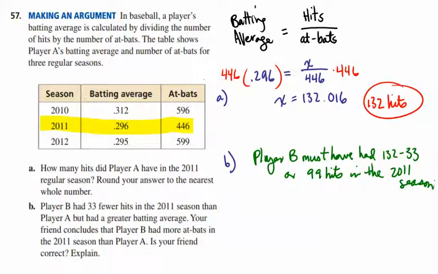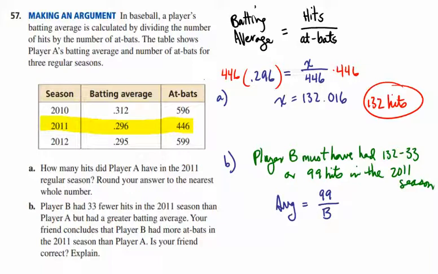Alright, so we go back to our formula and we put in that the batting average, remember, is equal to the number of hits, which would be 99, over the number of at-bats. We'll call that capital B, or B for bats. So we still have two quantities that are missing here.